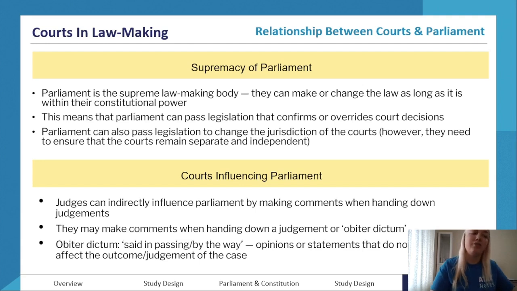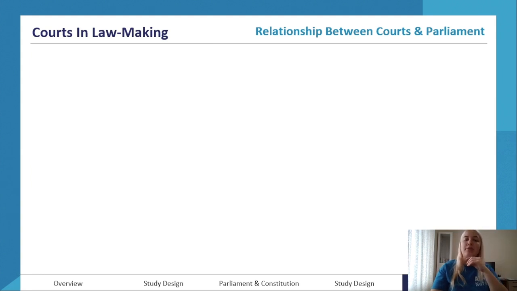They still have to follow whatever Parliament laid out in that act, even if they don't agree with it. But they could point out to Parliament that there is a mistake somewhere, or that law that they had to follow is not fair. And then Parliament might decide to change it and actually amend their act or law. So this is how courts are able to influence Parliament.